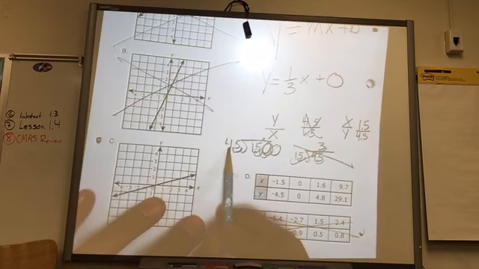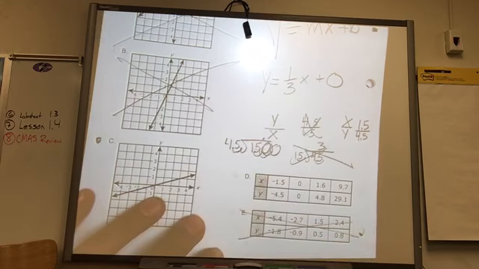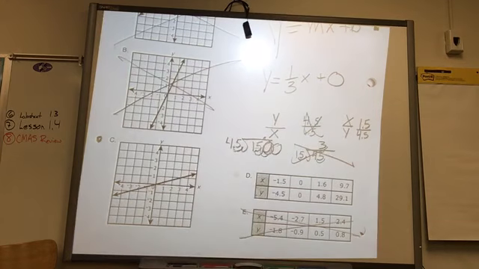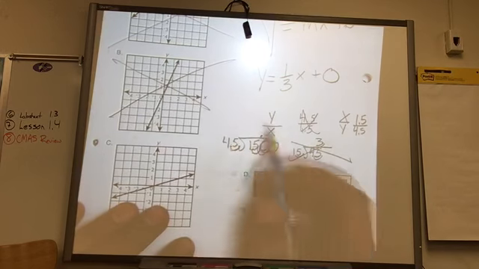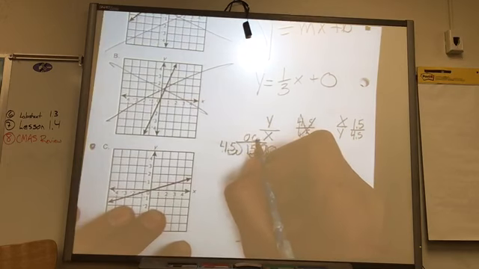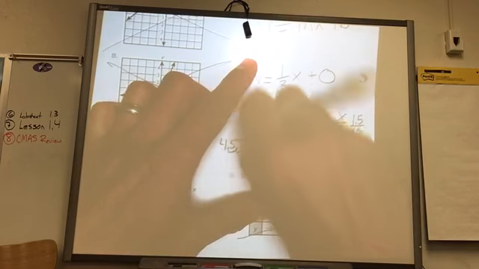So, how many times does 4 go into 15? 3 times. How many times does 45 go into 1? 0. How many times does 45 go into 15? 0. 45 doesn't go into 15.